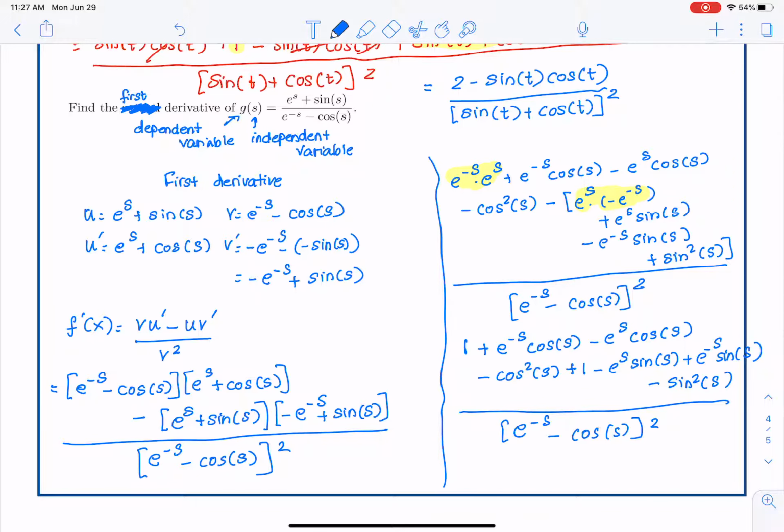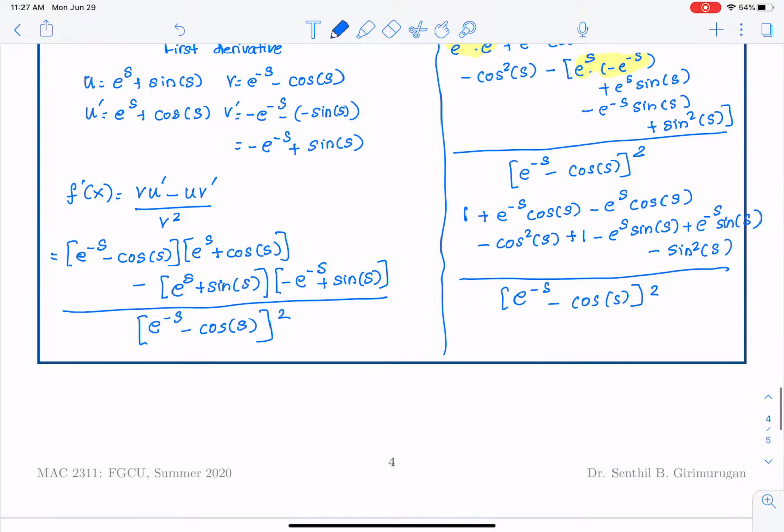Unfortunately, things may not simplify here much. So 1 plus 1 is 2. I have a term with e raised negative s and e raised negative s, so I could pull e raised negative s out, which would give me sine s plus cosine s.